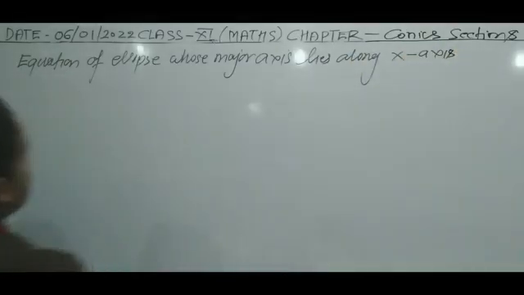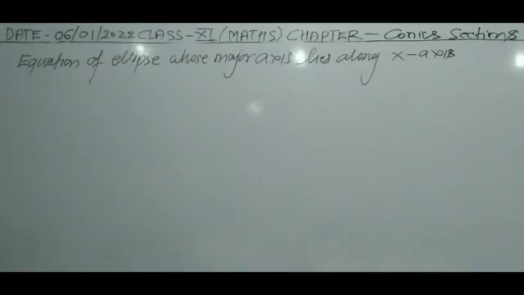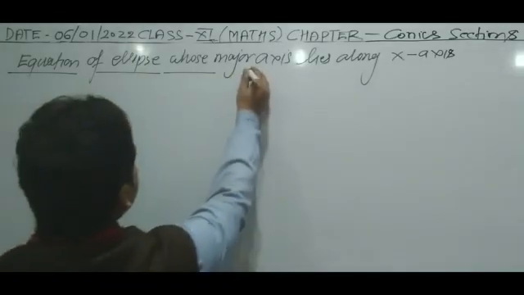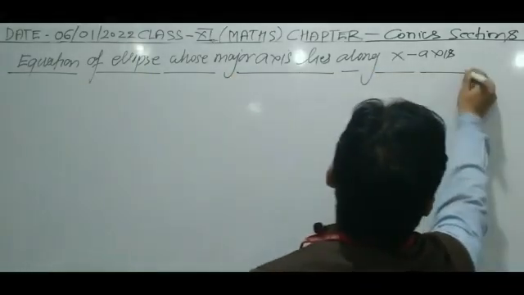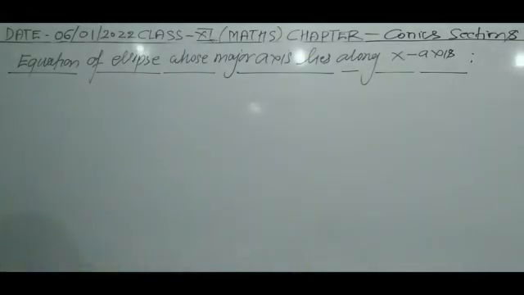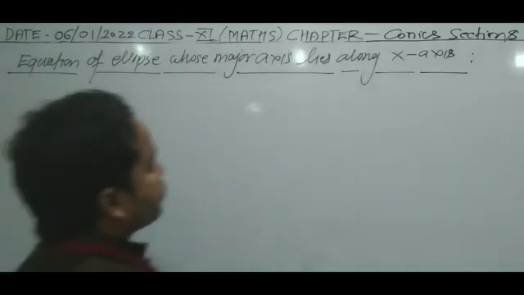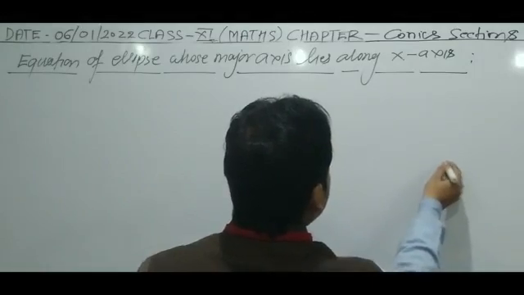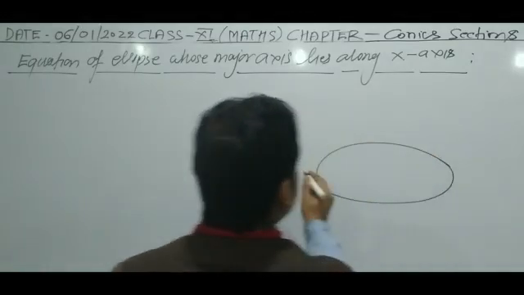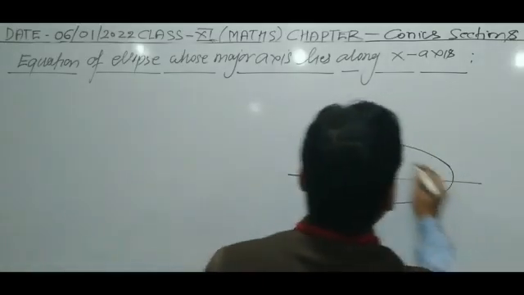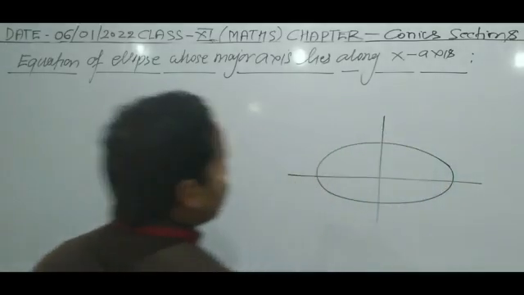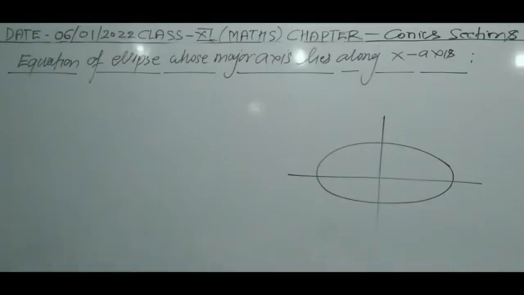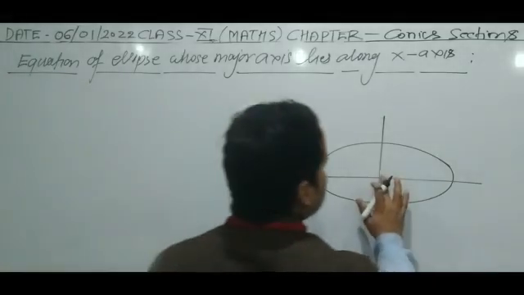Equation of ellipse whose major axis lies along the x-axis. Now there are so many points in an ellipse. This is the figure of an ellipse whose major axis lies along the x-axis.